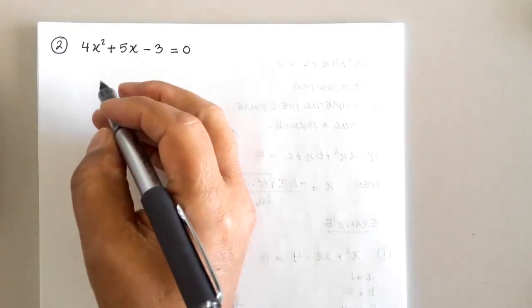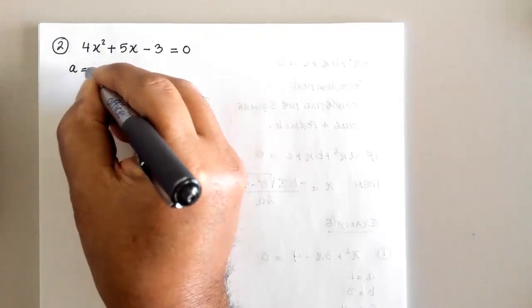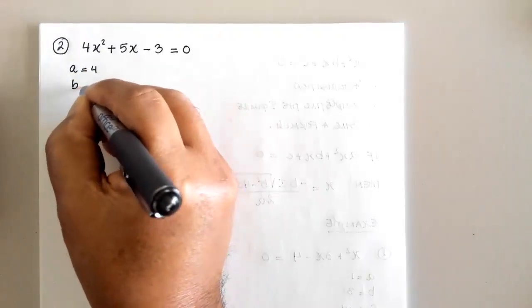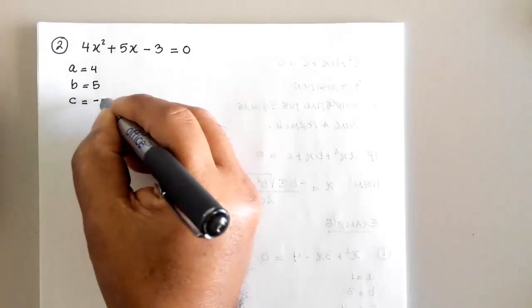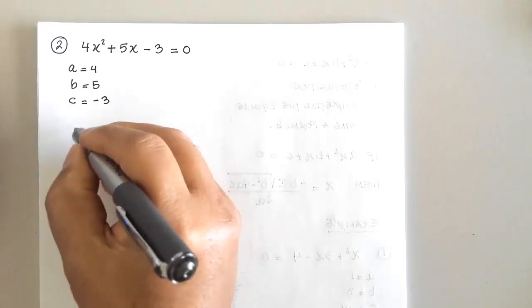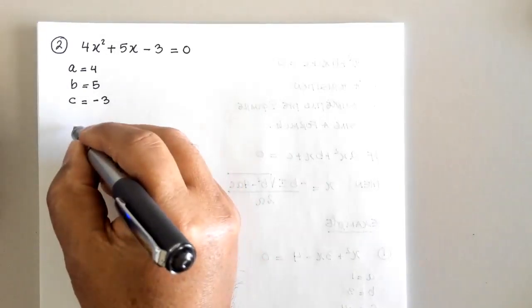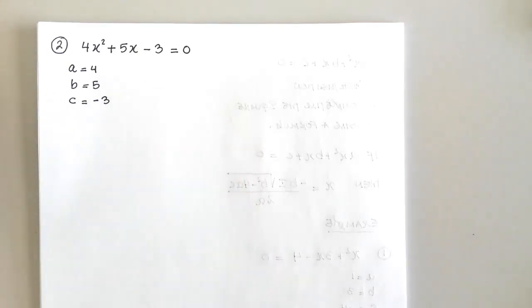Okay, so here we go. In this case, a is equal to 4, b is equal to 5, and c is equal to -3. And then the formula. When doing this question, you should probably have the formula in front of you all the time.